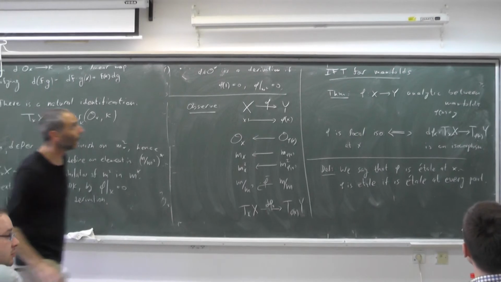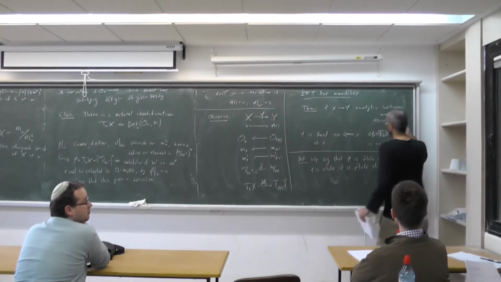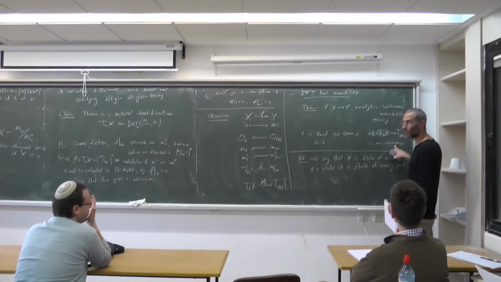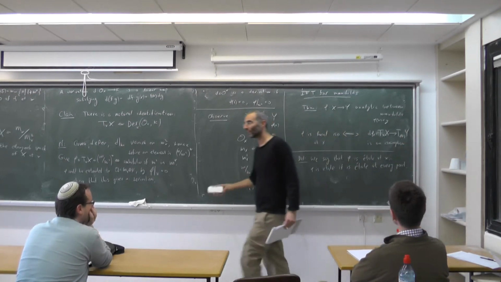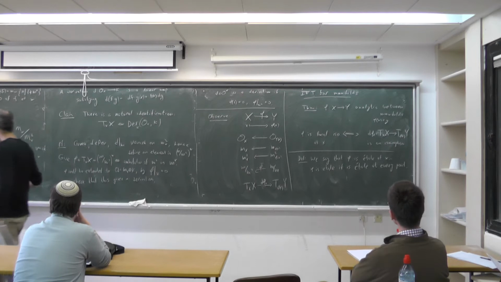And this is an isomorphism. Oh, sorry. So it's a covering map. It's a local normalization.